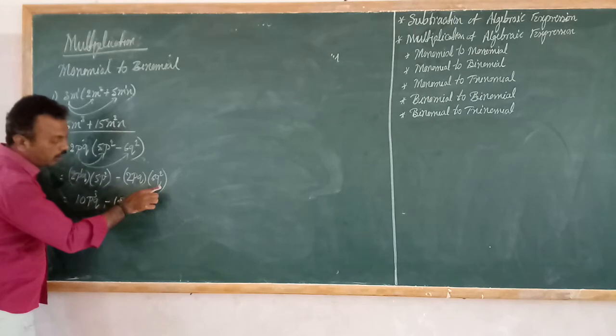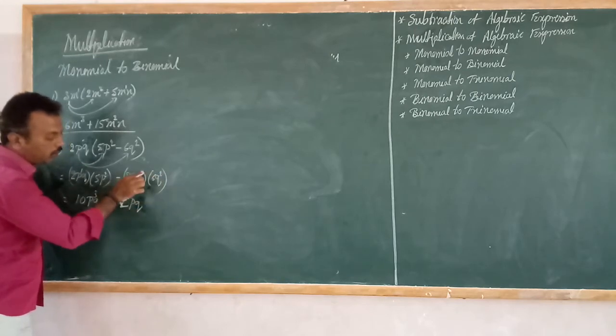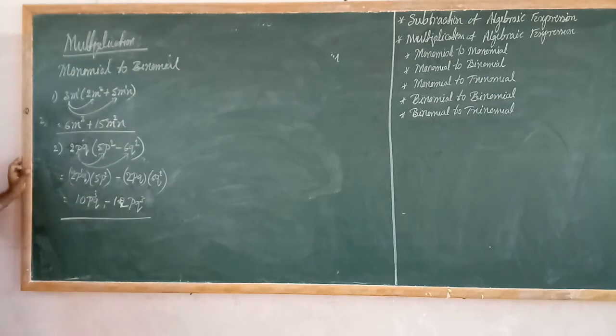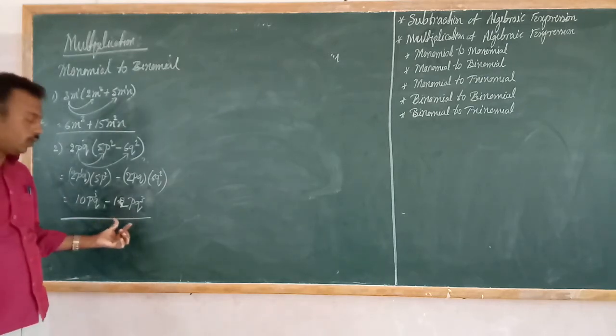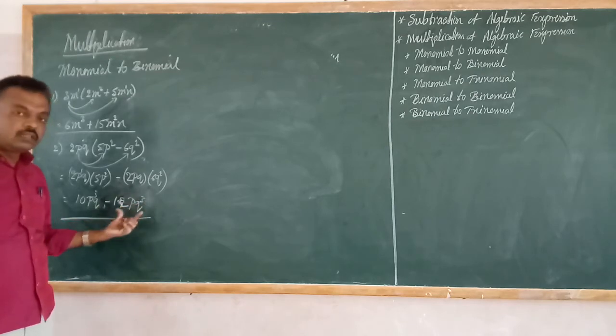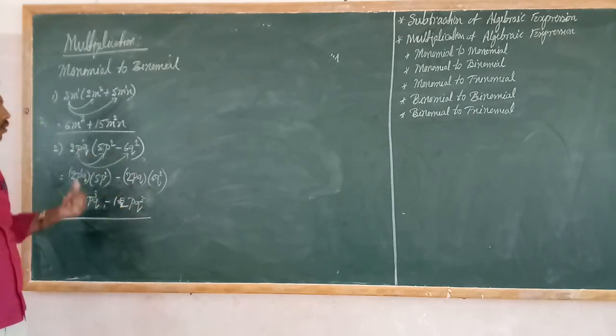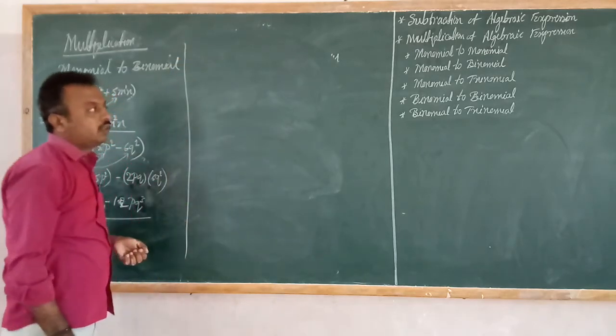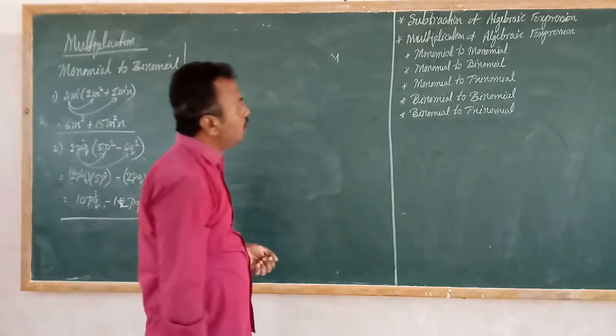Q terms: here 2 times, here 1 time, therefore 3 times. So therefore 10 p cube q minus 12 p q cube. Okay, 10 p power 3 into q minus 12 p q power 3. So this is the product of these two terms. Okay, so this is the monomial to binomial. Like monomial to trinomial.